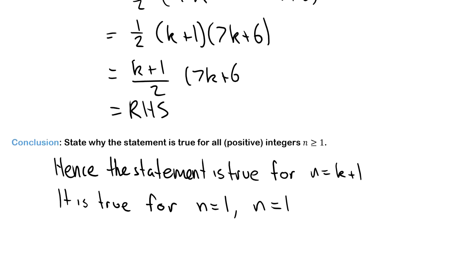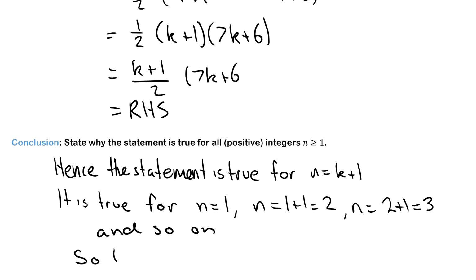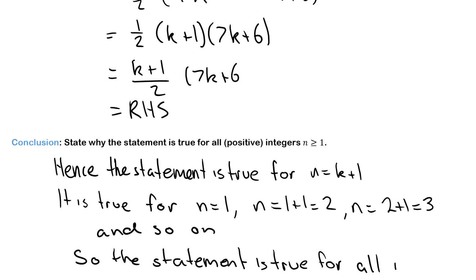N equals then 1 plus 1, which is 2. N equals 2 plus 1, which is 3, and so on. So the statement is true for all n is greater than or equal to 1.